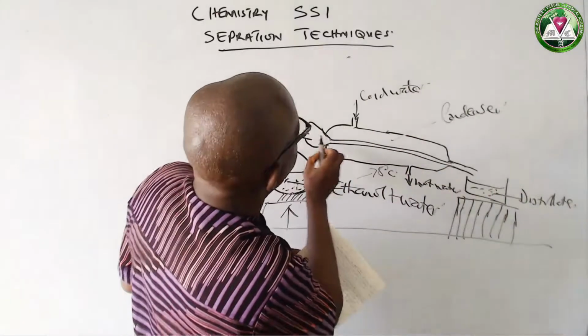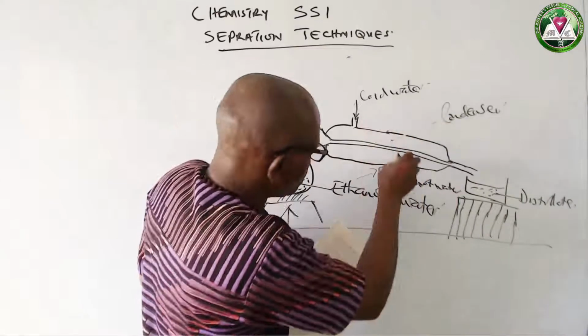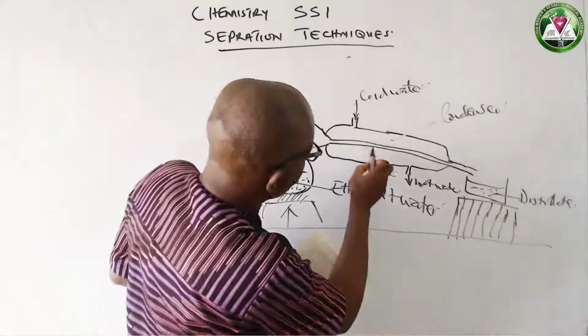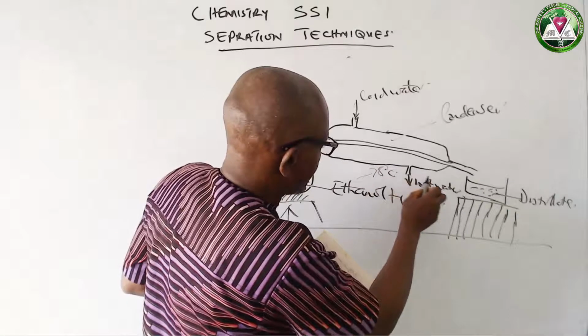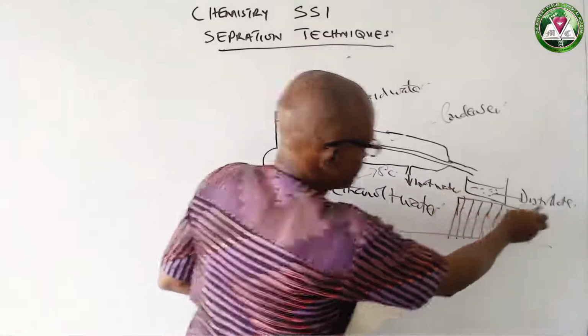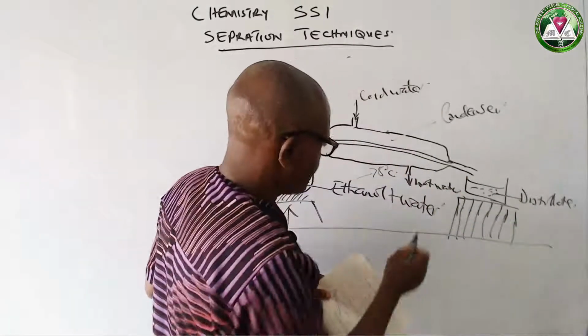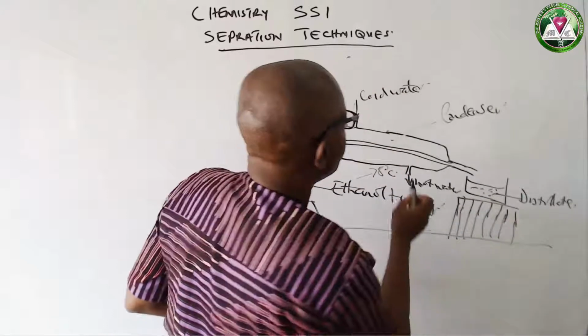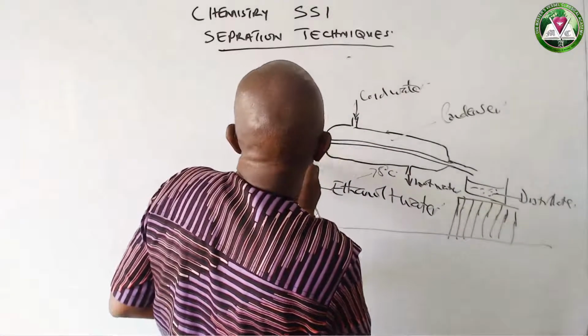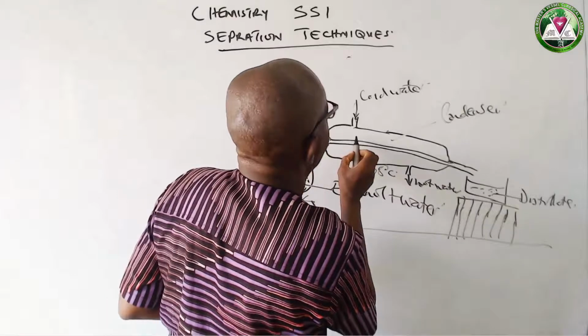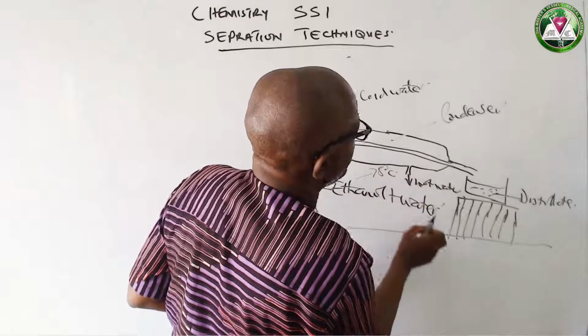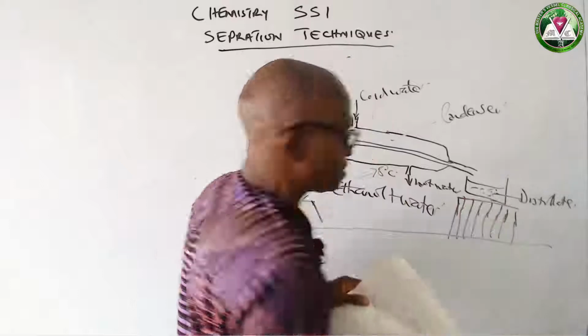When that hot vapor comes in here, this water cools it down. When it cools it down, it will liquefy and fall here as distillate. Then the hot water, because this hot vapor will heat up the water, will go out from here, while here is your distillate.